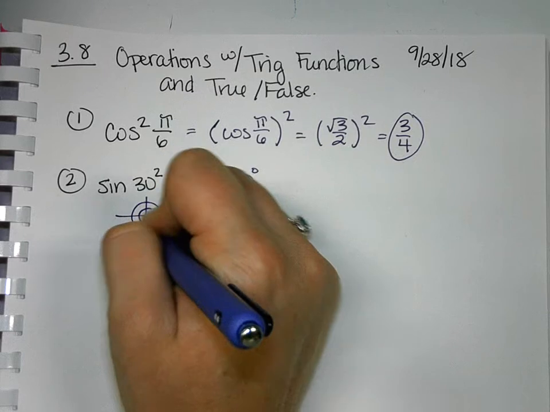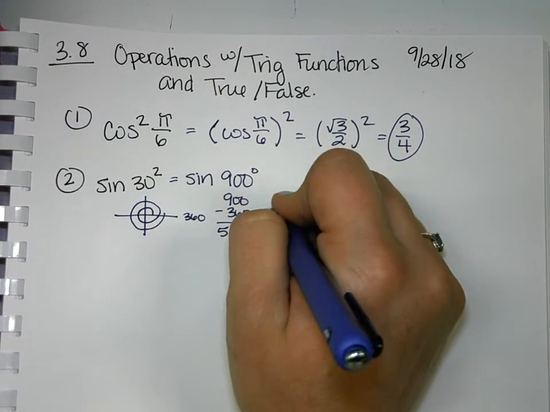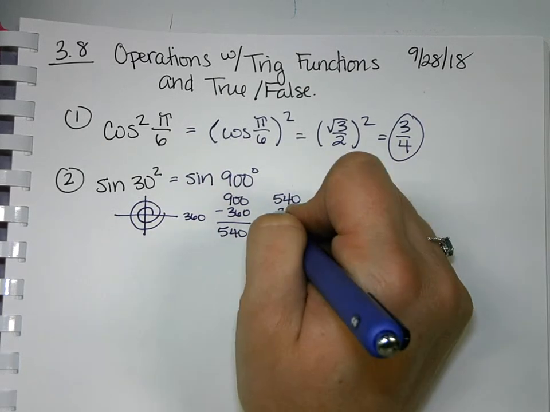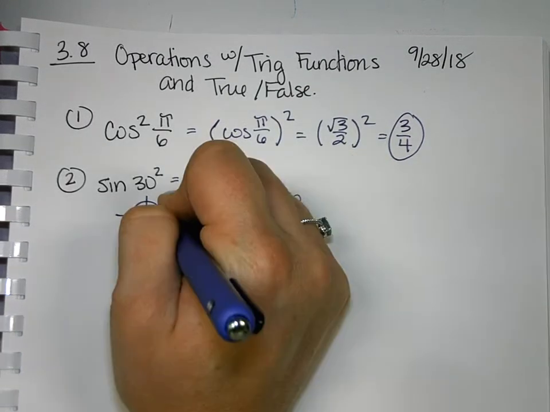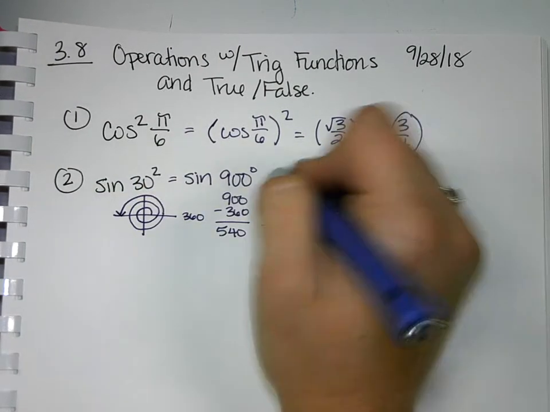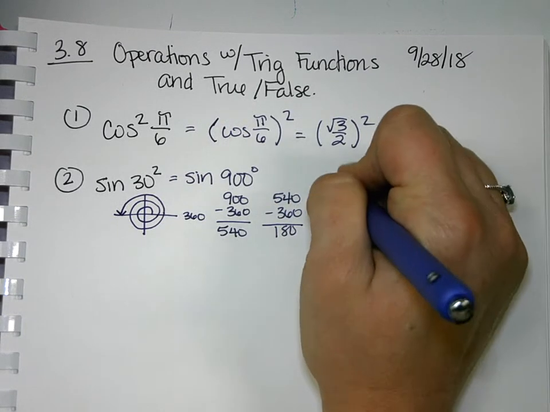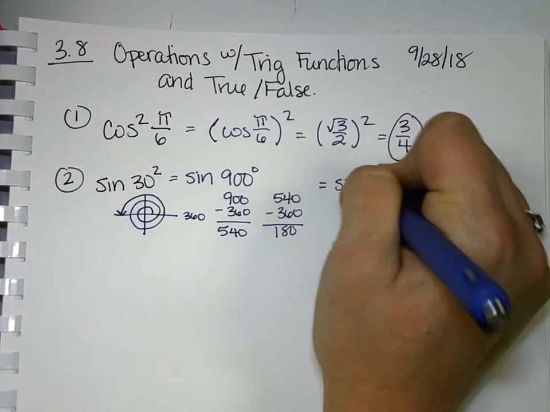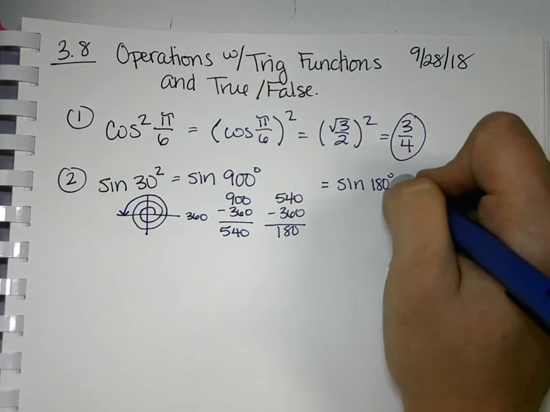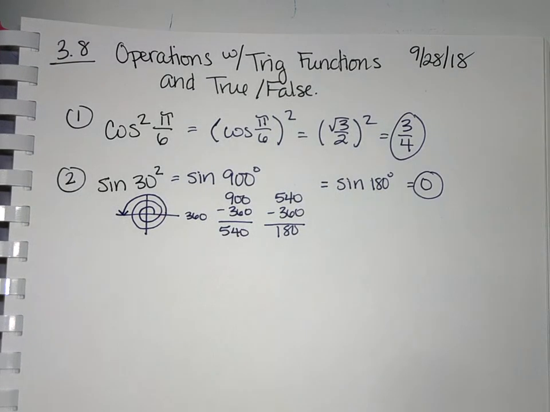So then let's try another 360. 540 minus another 360 would give us 180. So that means I have 180 degrees left to go. So that means that sine of 900 is the same as sine of 180 because they are coterminal angles. So sine of 180, we go to our unit circle and we get 0.